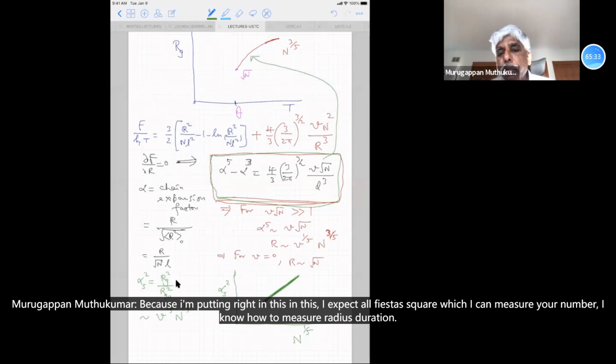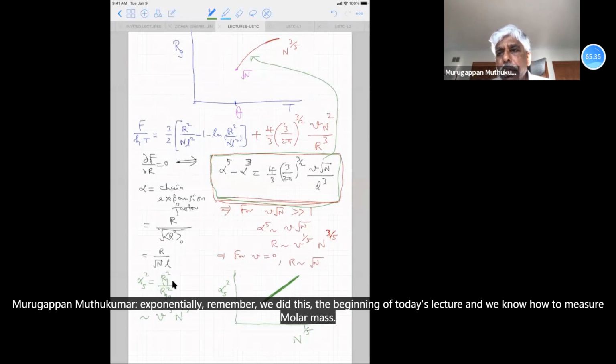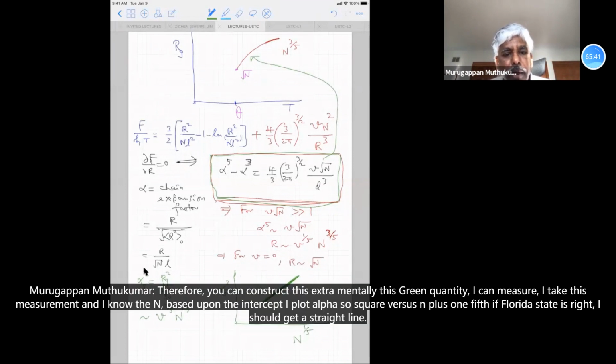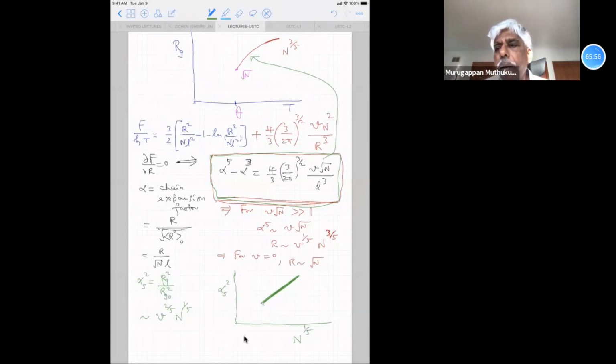Remember, I know how to measure radius of gyration experimentally, as we did in the beginning of today's lecture, and we know how to measure molar mass. Therefore, I can construct this experimentally. I plot alpha S squared versus n power 1/5. If Flory theory is right, I should get a straight line.